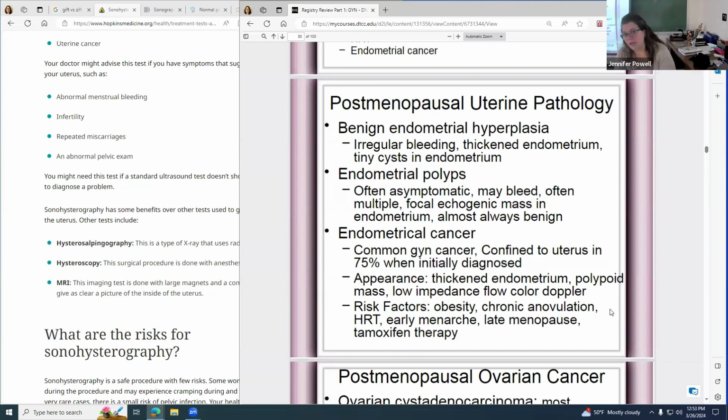It's interesting why obesity is a risk factor, and I actually just found this out not that long ago. It's because estrogen is stored in fat tissue. So the more fat cells you have, the more estrogen you have in your body. That's also why a lot of times women who are obese go through menopause a little later in life.